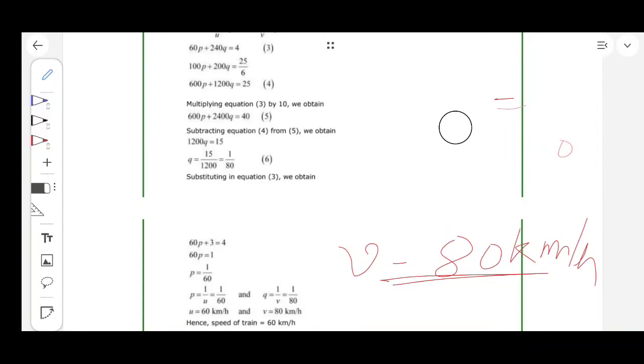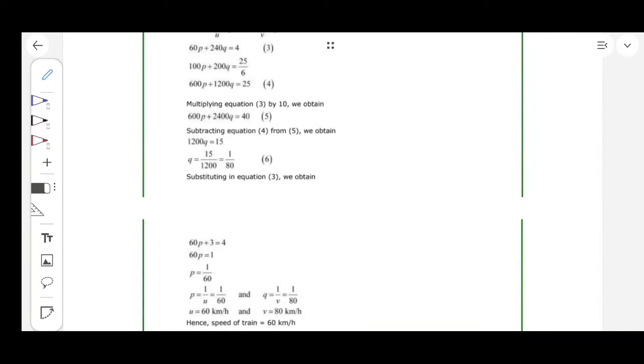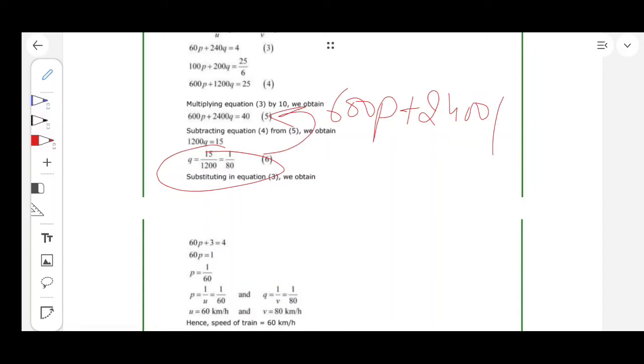Similarly we can find the value of p. Replacing q equals 1 upon 80 in equation number 5, we get 2400 into 1 upon 80 equals 30.